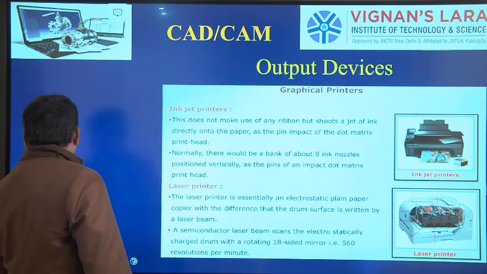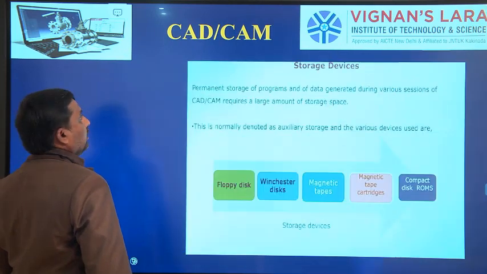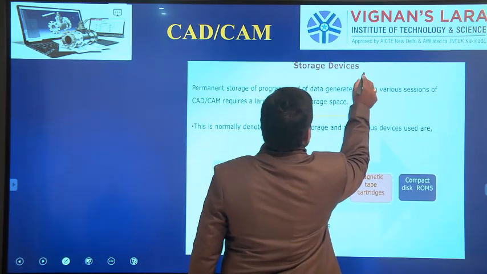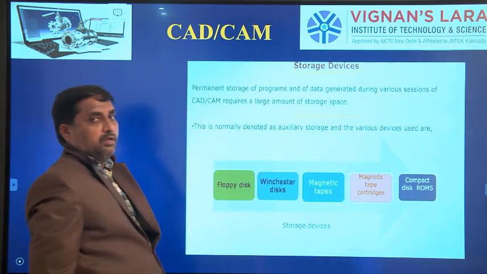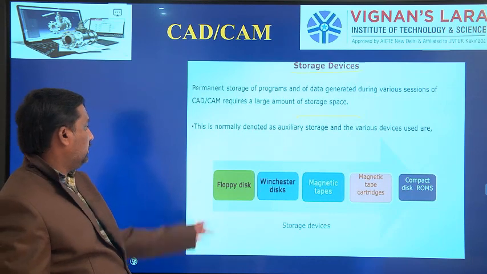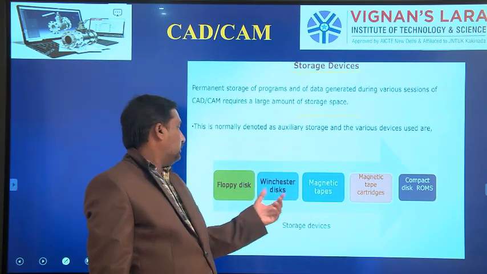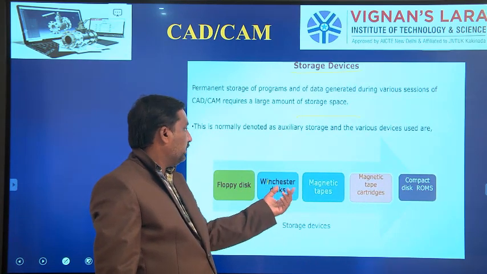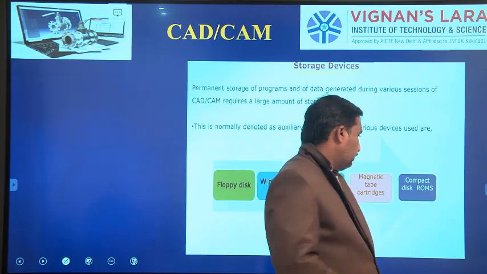Next are output devices. But before that, we have to go for the storage devices. Here I have given the different storage devices. First one is the floppy disk. Next is the Winchester disk. Next, magnetic tape, cartridge, compact disk, ROMs.